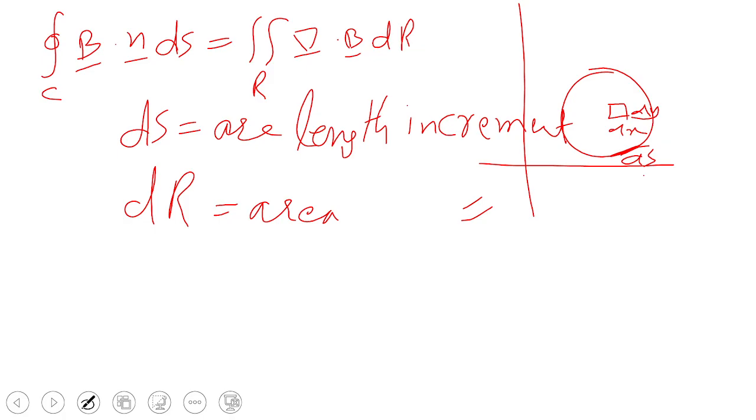Okay, now this is the divergence theorem in plane, but if we want to define it in space x y z, then this closed curve will be a closed surface like a sphere or ellipsoid.